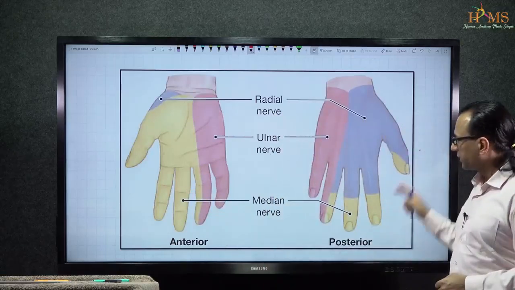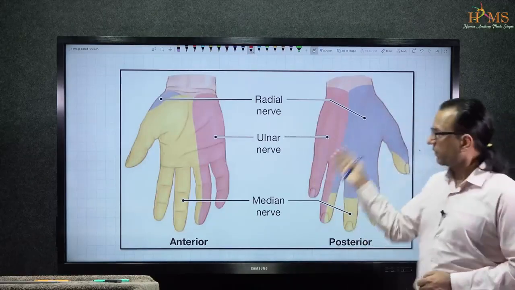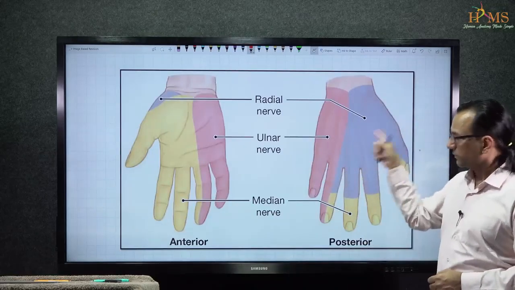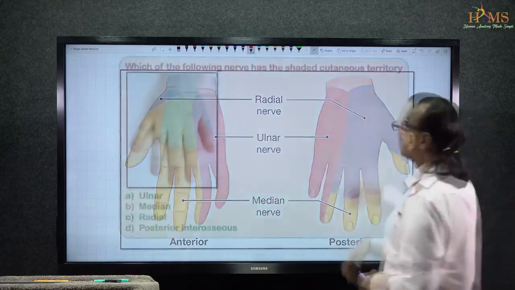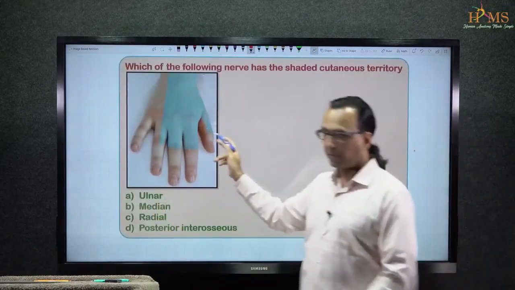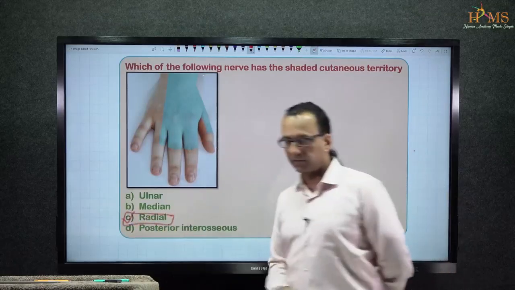So nail beds are under the median nerve, whereas the dorsum of the hand, which is 3.5 fingers minus the nail bed, will be the radial nerve. That gives us our answer. So in this particular question, our answer will be the radial nerve. Choice number C should be our answer.